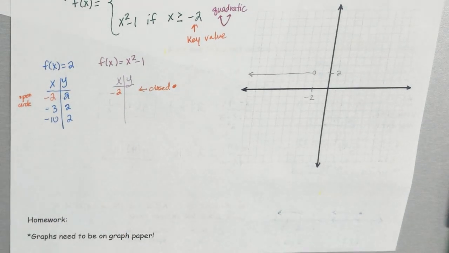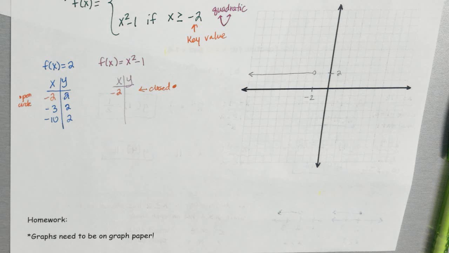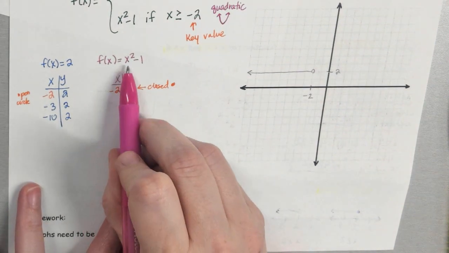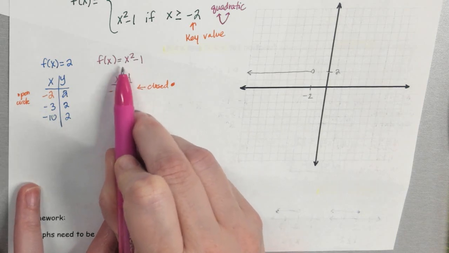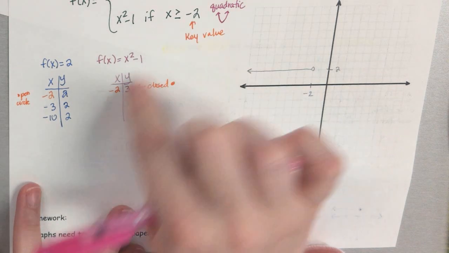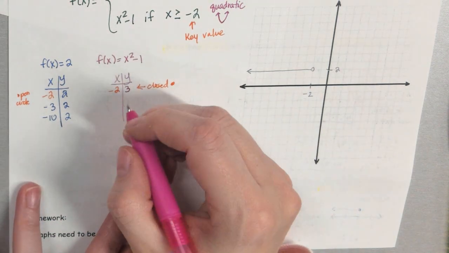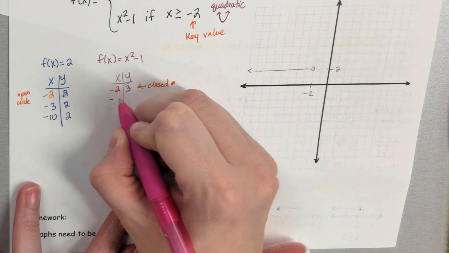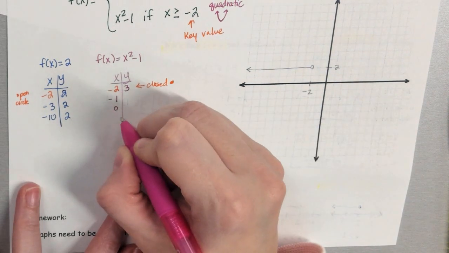Okay, and then for the next one, it's quadratic. So if it's quadratic, I like as many points as possible so I can get the shape, or else mine becomes kind of shaky. So if I plug in negative 2, squared is 4, 4 minus 1 is 3. Now this is greater than or equal to negative 2. So the next number I'd want to plug in is, I like to graph them all, so I'm going to do negative 1, then 0.